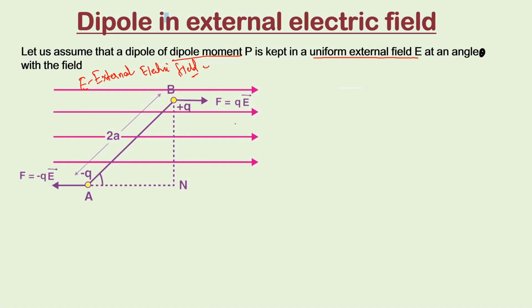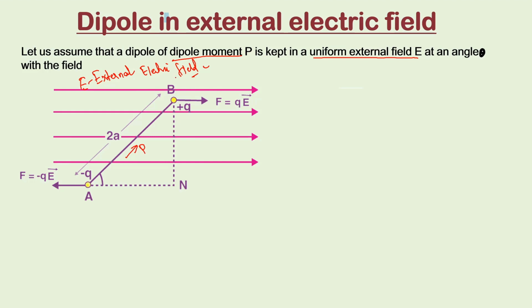And this is the dipole, the negative charge of a dipole, and this is the positive charge of a dipole, and the distance between them is 2a. Now we need to find the direction of the dipole moment. As we know, the direction of the dipole moment is from negative to positive charge, so the direction is this. So this is the direction of the dipole moment.